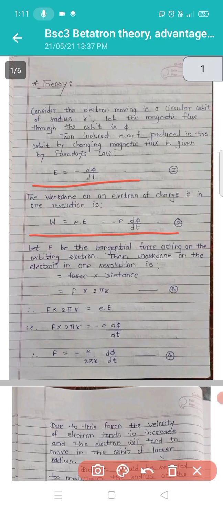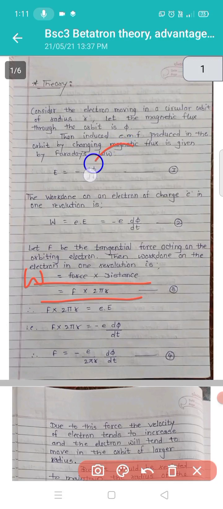Let F be the tangential force acting on the orbiting electron. Then the work done on the electron in one revolution is force into distance. Hence we get F into 2 pi r. Force is F and distance means the circular circumference, that is 2 pi r.